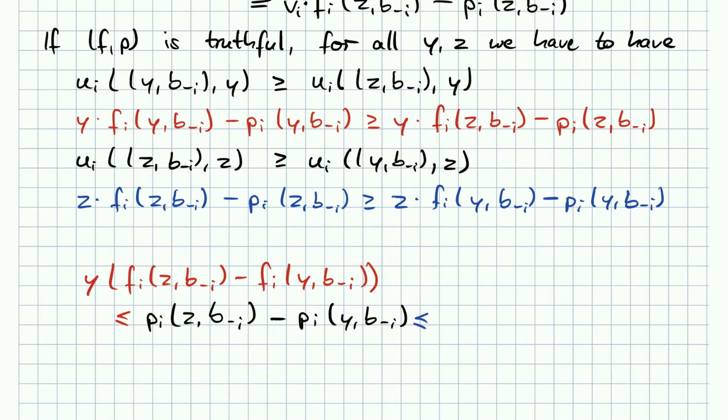And then we also have the blue part, which we can now again use to say, okay, this now has to be at most z times fi of z comma b minus I minus fi of y comma b minus I.